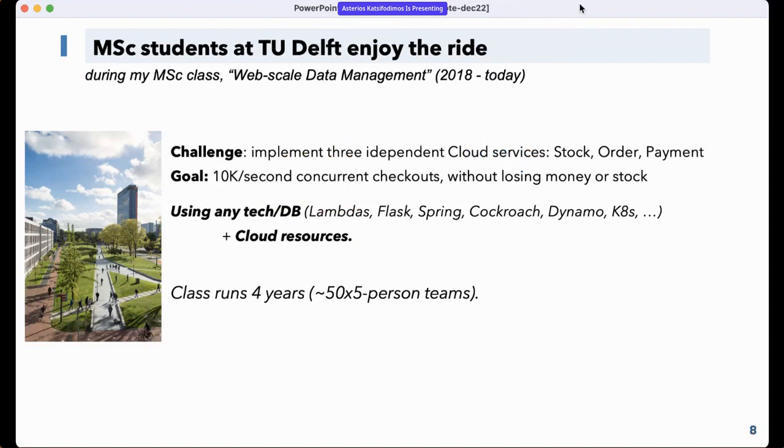I, in fact, make my master students implement this every year. For master students at least, it is almost an impossible task. So we basically allow them to use any tech that they want in order to implement the shopping cart service, the inventory service, and the payment service.